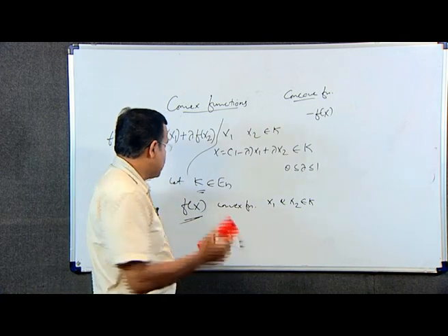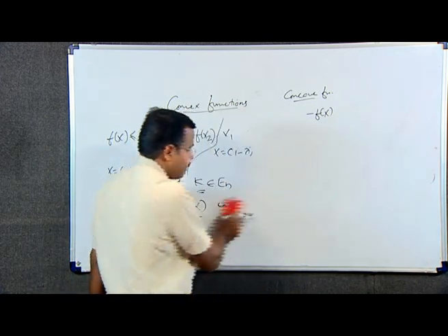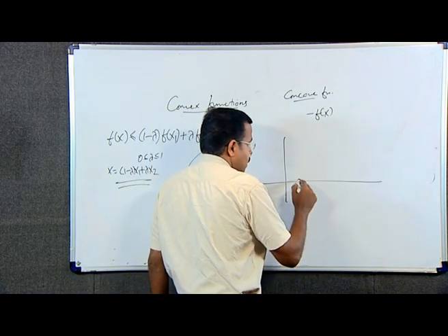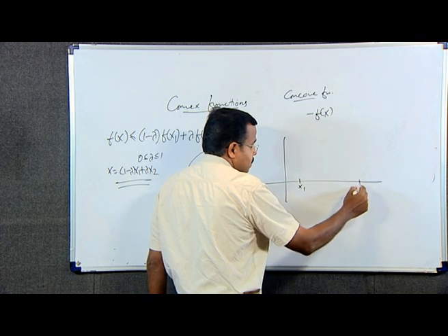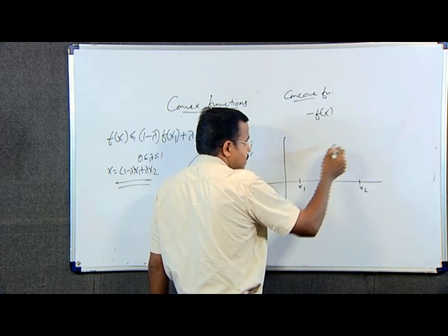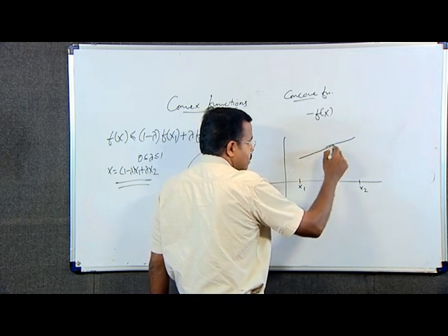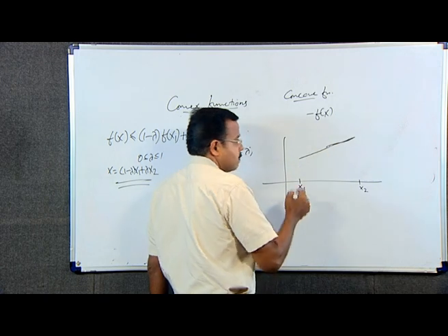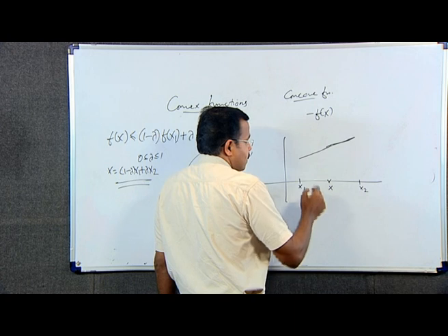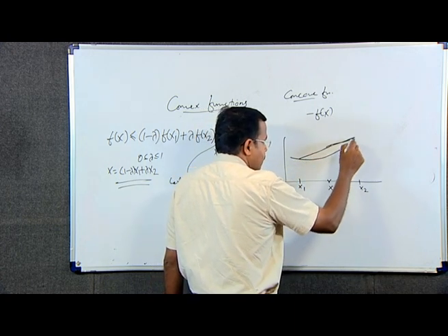Then we can picturize a convex function like this. Let this be the point x1, this be point x2 somewhere here, and this is the line joining x1 and x2, so the convex linear combination of x1 and x2 is somewhere here, x. Now, the function is like this.